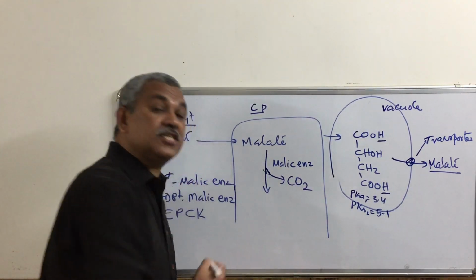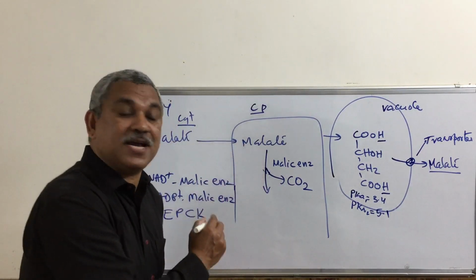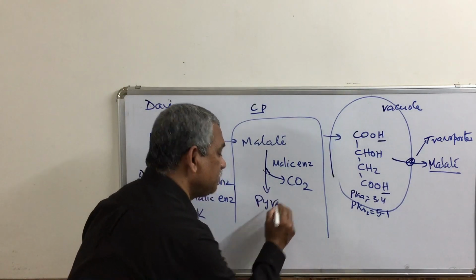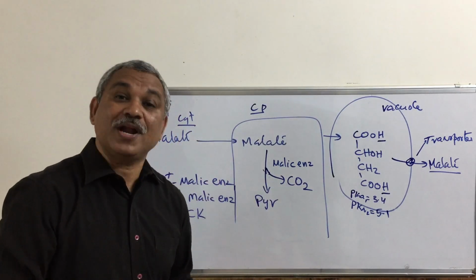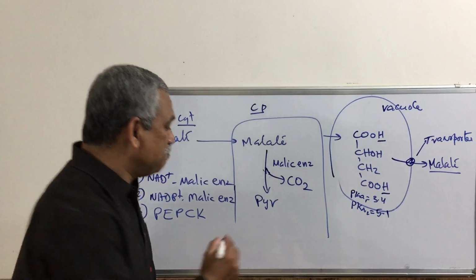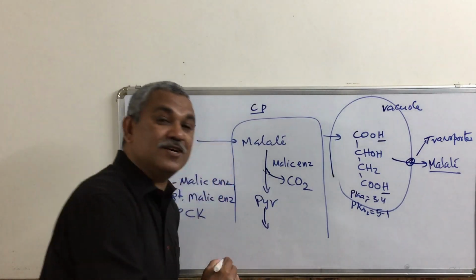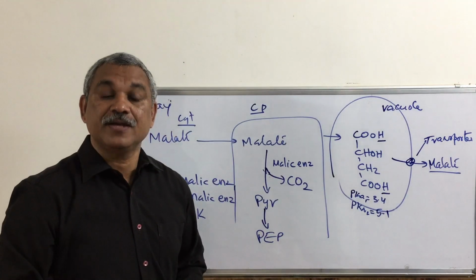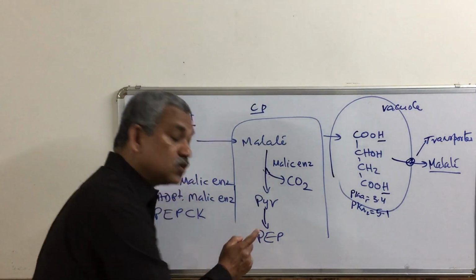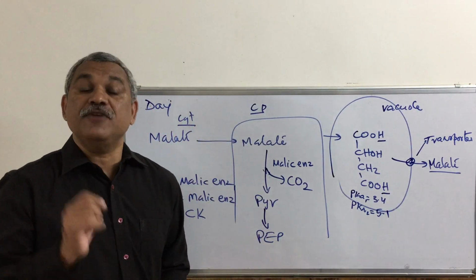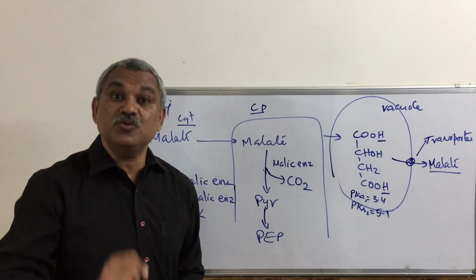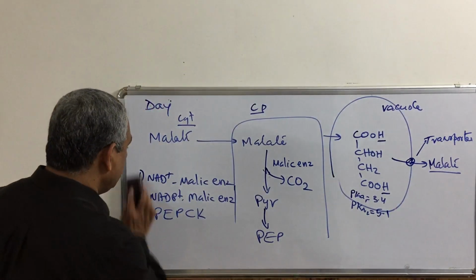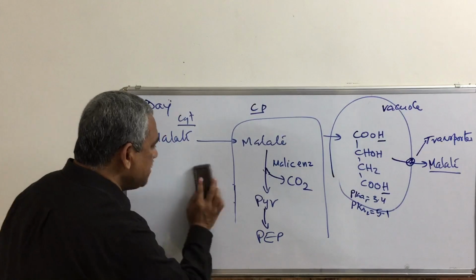Once the CO2 is removed, malate becomes pyruvate. Now what happens to the pyruvate? This pyruvate will be converted to phosphoenolpyruvate. To convert pyruvate into phosphoenolpyruvate, we need to break down 2 ATP equivalents.